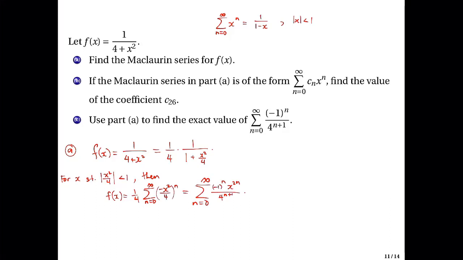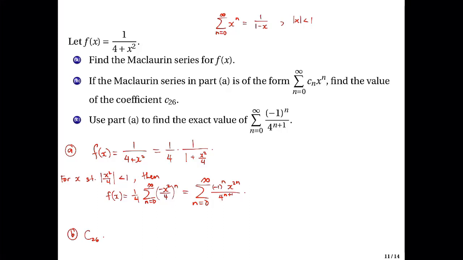So for letter B, we want to find the coefficient C sub 26. So this means n equals 0, n equals 1, n equals 2. We want the subscript of C to be 26. This means we want the exponent of x here to be 26. But the exponent of x is of the form 2n.